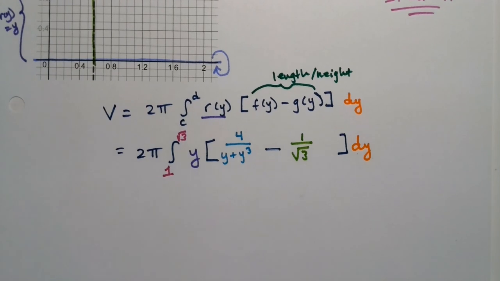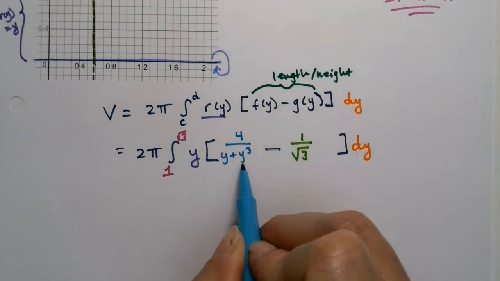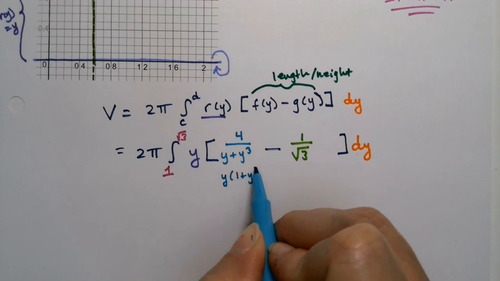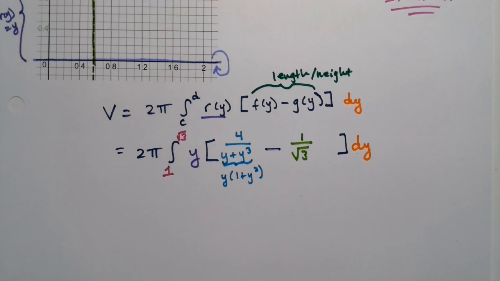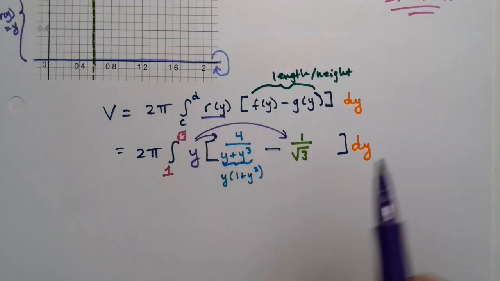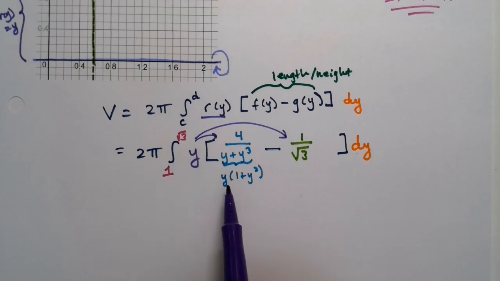Okay, now I want to make things a little bit easier myself, because I noticed that these two terms both have a y in them. So I can factor that y out and make it y times 1 plus y squared. Now, why am I doing that? Well, because I'm about to distribute the y to both of these terms. When I do that in that first term, the y and the y cancel.